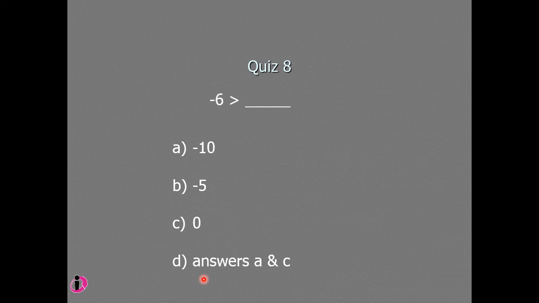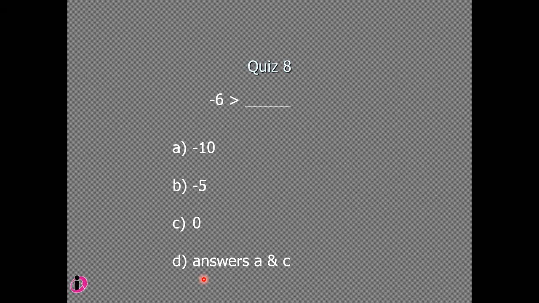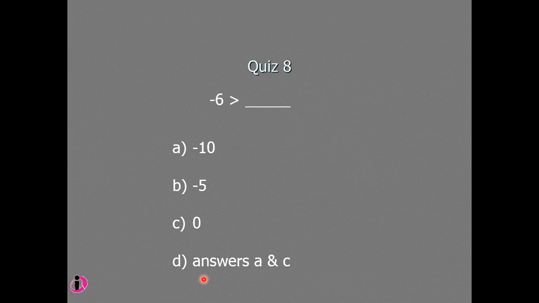Negative 6 is greater than which one? Negative 6 is greater than negative 10. See, in the case of negative numbers, the more you go to the left side, the smaller the numbers get. So negative 10 is much smaller than negative 6, right?